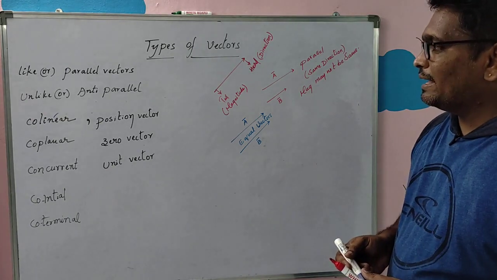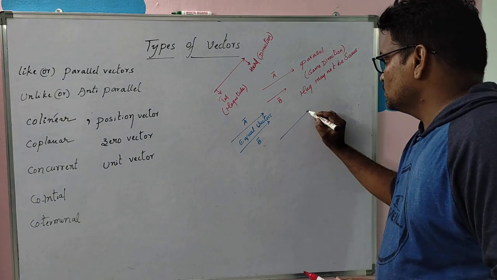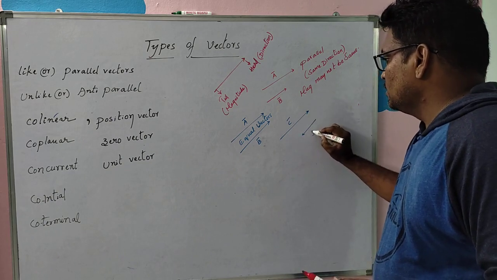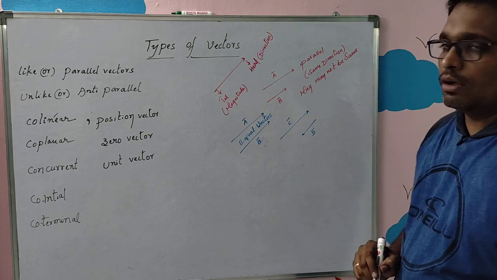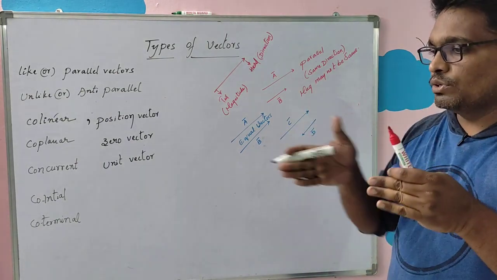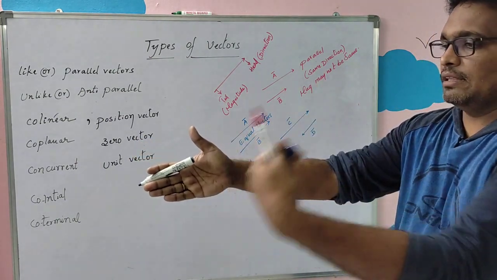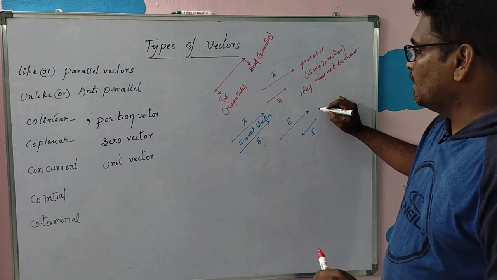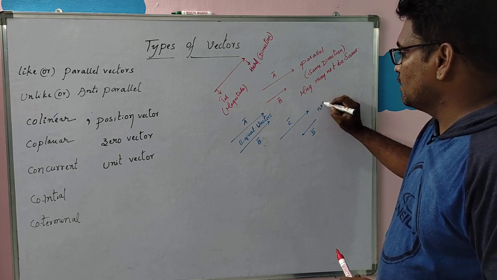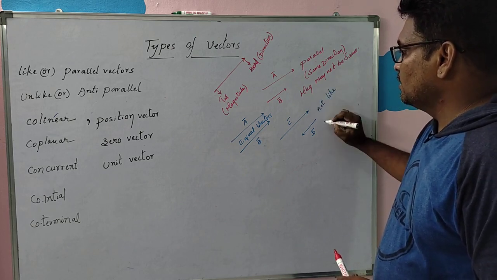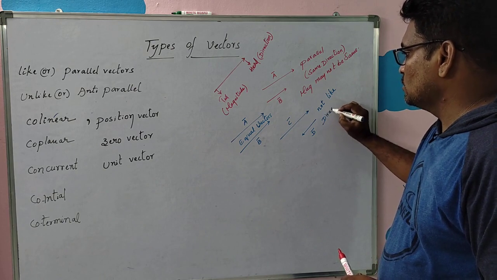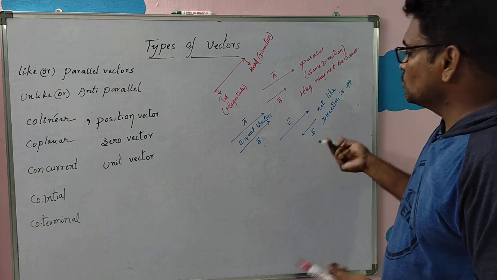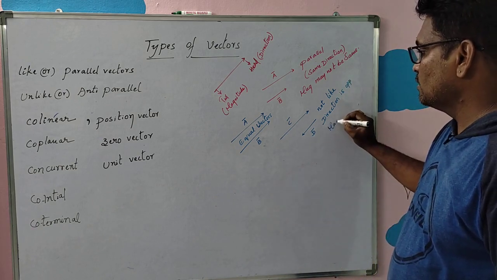Now come to unlike vectors. Say this is vector C and this is vector D. Here vector C and vector D are representing in opposite directions. One vector is in this direction, another vector is in the opposite direction. So these two vectors appear parallel, but they are not like. Their direction is opposite, and their magnitude is also different.